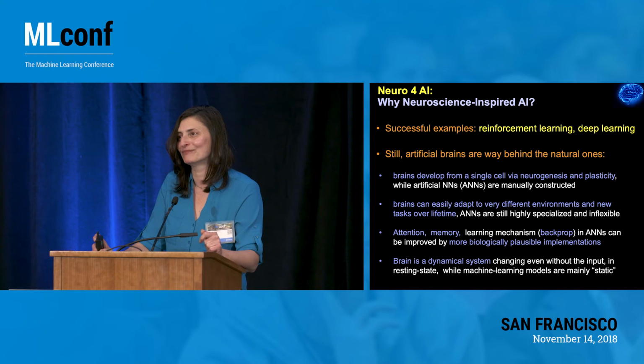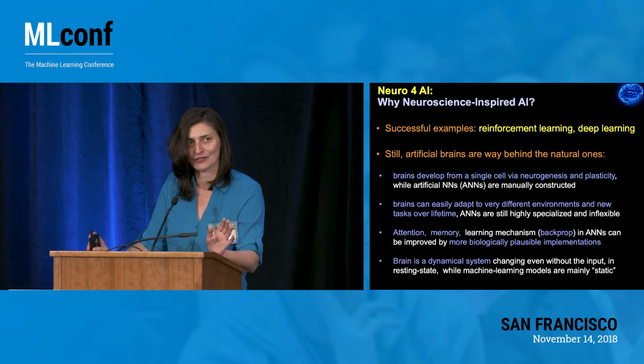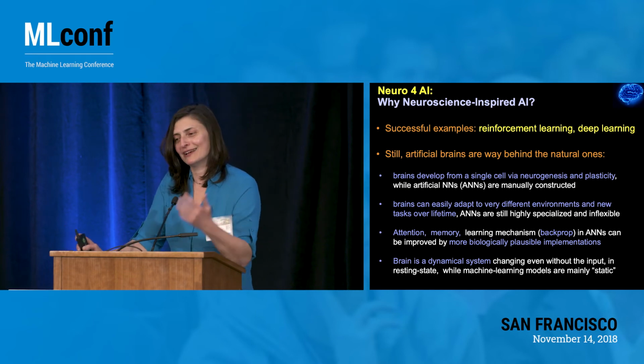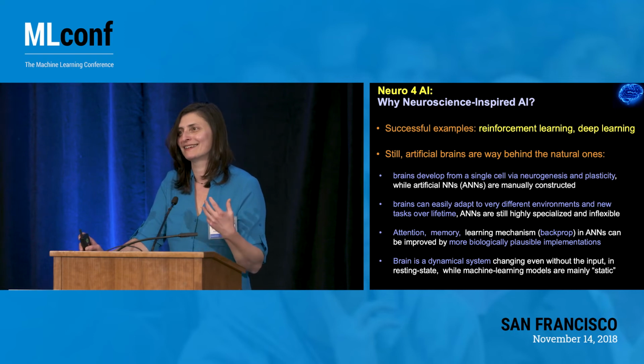We're still kind of working under the assumption that there is a training data set, and we will learn a model, and we'll stabilize its parameters, and we will apply it on a test set, and it's not how the brain works.